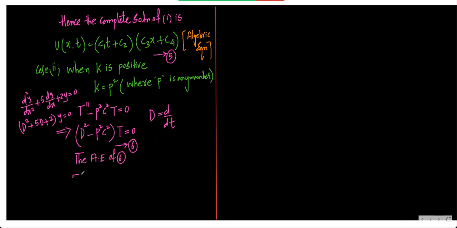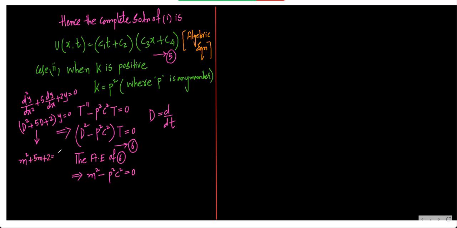You know the process, m square, because d is replaced with m now. M square minus p square c square is equal to 0. So remember, when writing the auxiliary equation, we don't want to write this y value, right? What is the auxiliary equation for this one if we want? M square plus 5m plus 2 is equal to 0, correct?